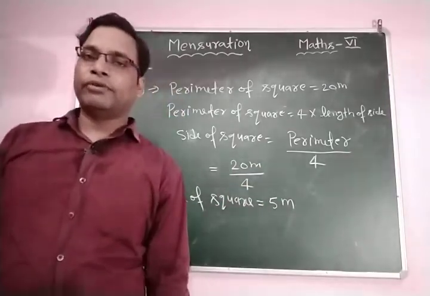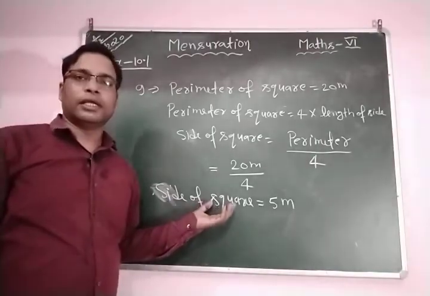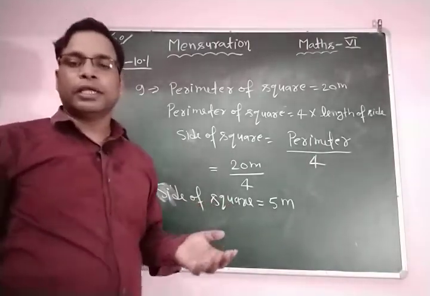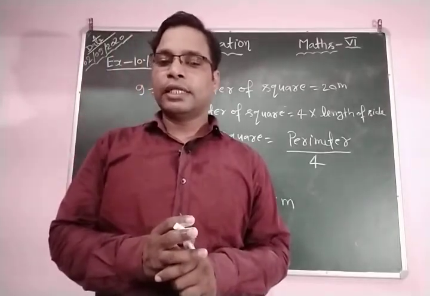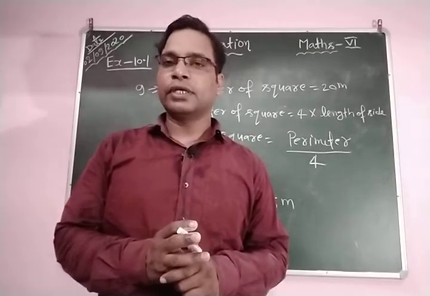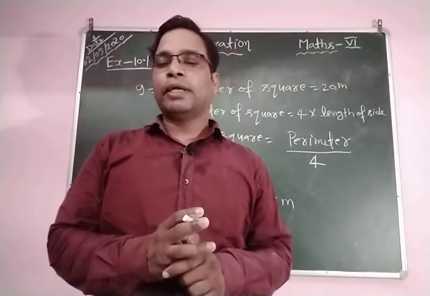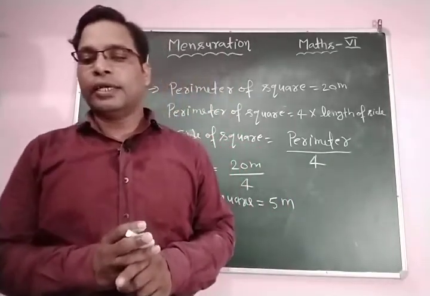So I hope all of you understood how to find these questions. Now the next question is question number 10. The perimeter of a regular pentagon is 100 centimeter.